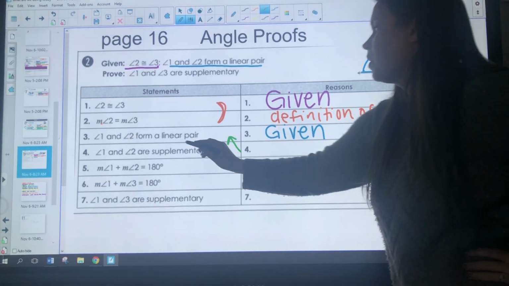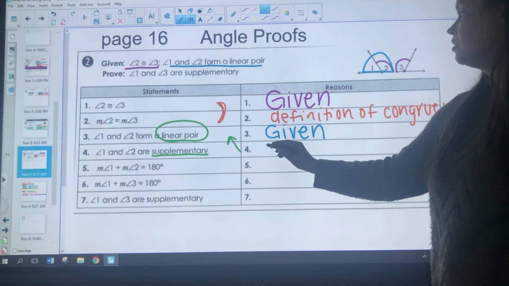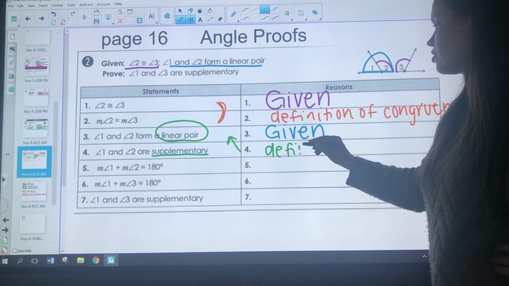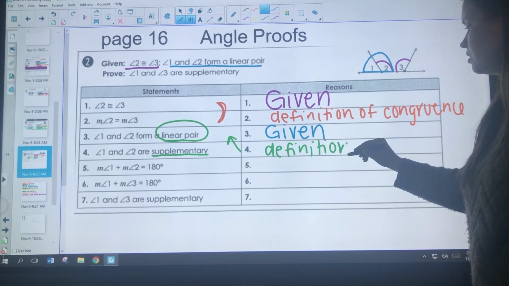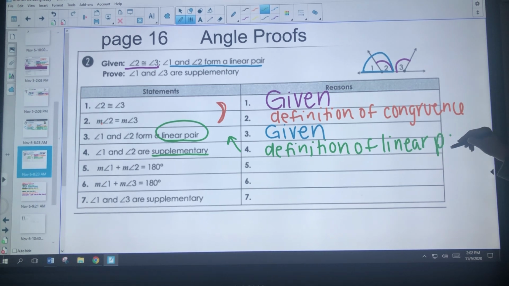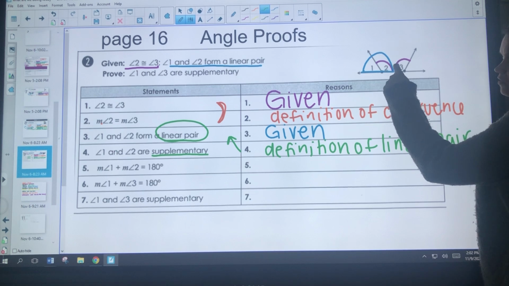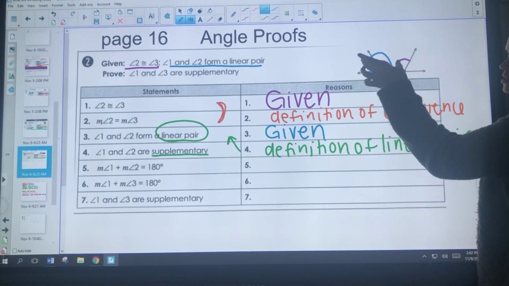If 1 and 2 form a linear pair, then why are they supplementary? You should know that the definition of linear pair is two angles that form a half circle, which means they're supplementary.